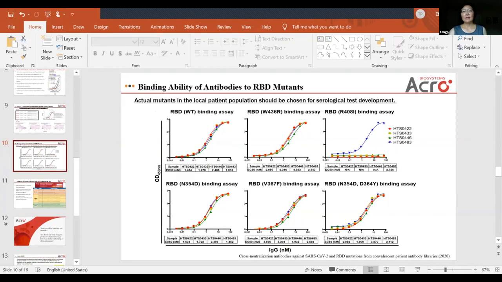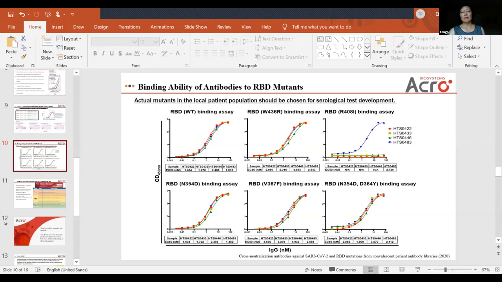And you can see that 3 of the antibodies can bind with the wild type and some other mutants. But for these mutants, only 1 antibody can bind. The others did not show binding.